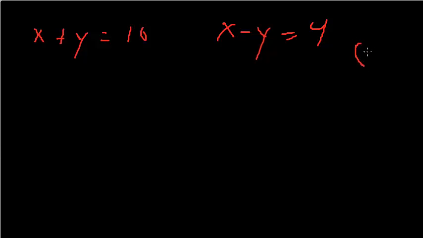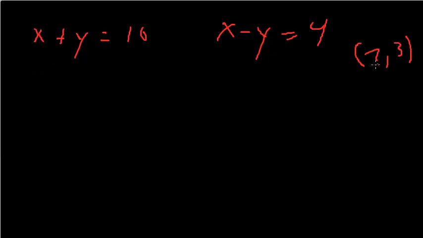Let's say I have the equations x plus y is equal to 10 and x minus y equals 4. What I want to do now is check to see if this one point, say 7, 3, is a solution to both equations. The way we can check that is just by plugging those numbers into both equations.